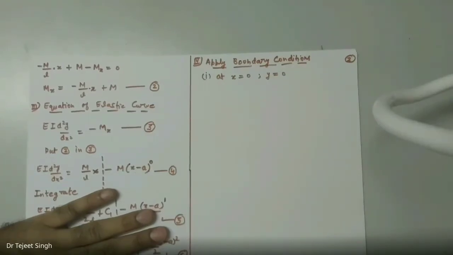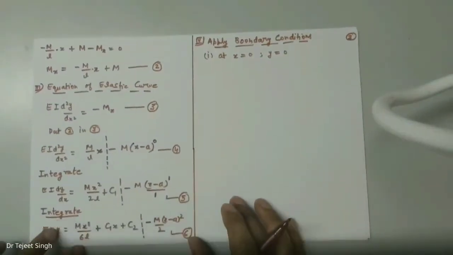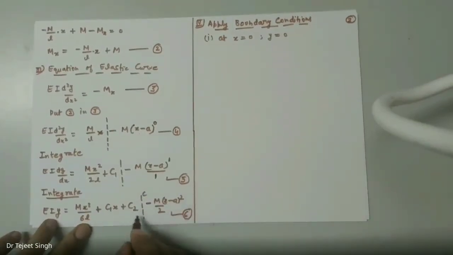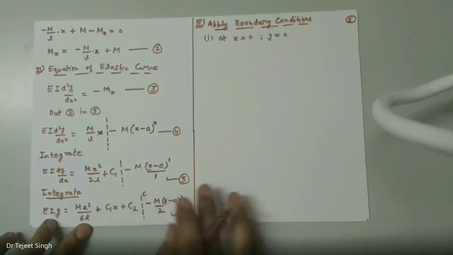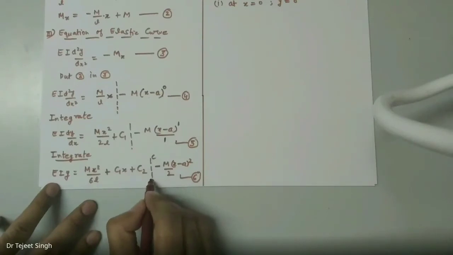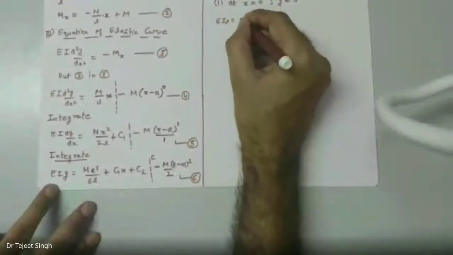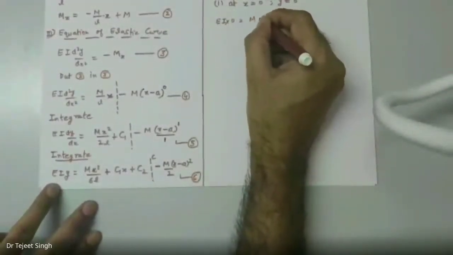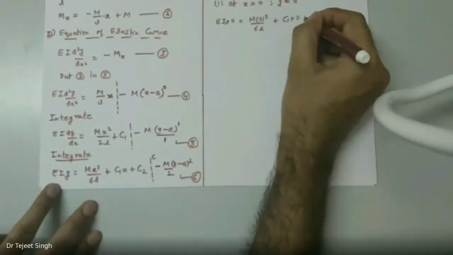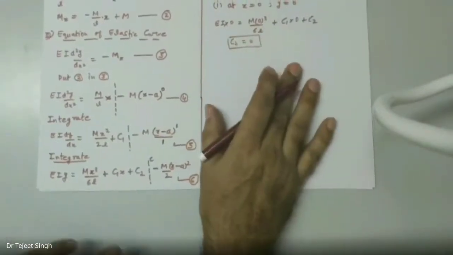Point A also lies in segment AC. Therefore, we consider the equation only up to point C. Up to this line of the deflection equation, we put the values. So EI into 0 equals Mx cubed upon 6L plus C1 into 0 plus C2. So C2 will be equal to 0.